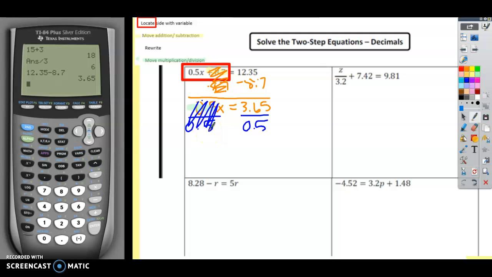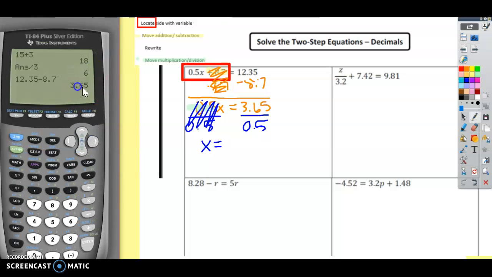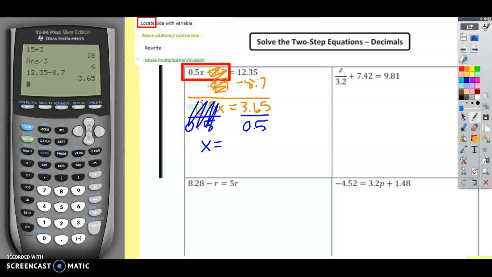Inverses cancel. And we get x equals, 3.65 is already in your calculator over here, guys. So you can just go ahead and continue your operation here. So we're going to divide. You'll see it pops up on the screen there as Ans. That's meaning my answer from the previous problem. So 3.65 divided by 0.5. And it gives us the answer of 7.3.